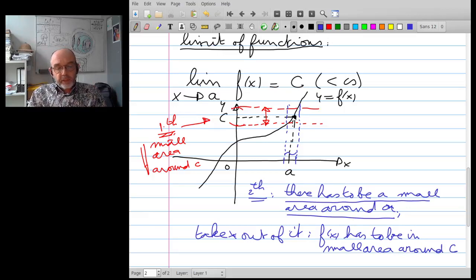But the important fact is that if the limit exists, then you first look to the y-axis.